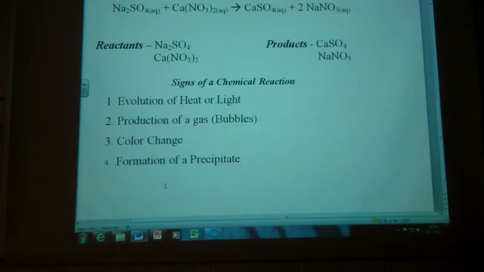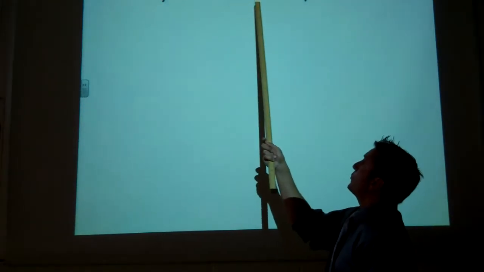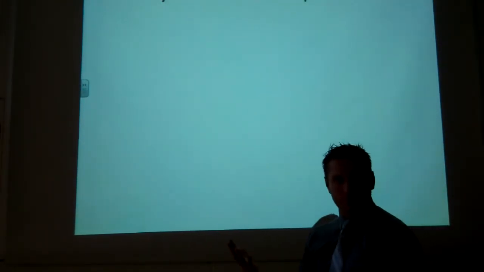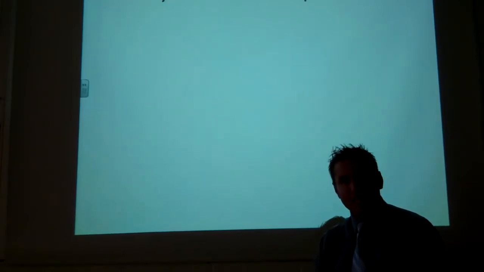So I have a different overhead there for you. And in your notes, call this symbols within equations, if you're taking class. And some various symbols that we'll see within equations and what they mean are as follows.